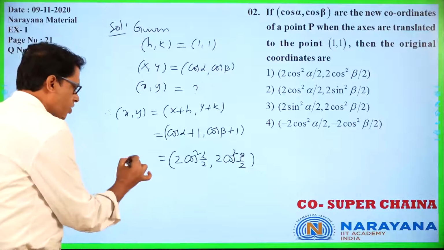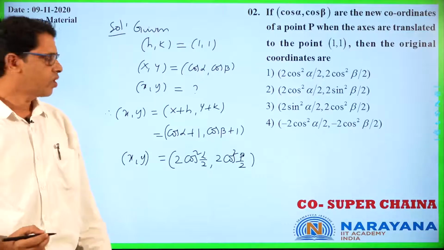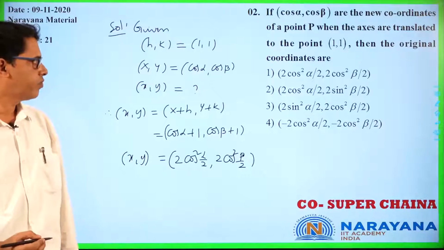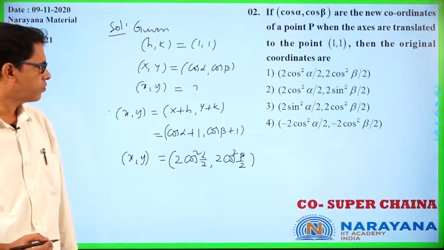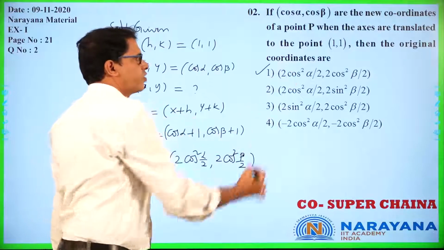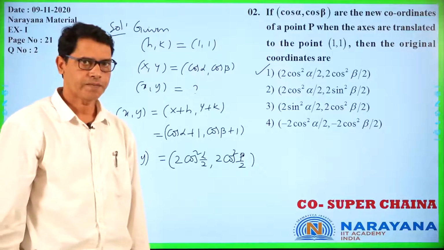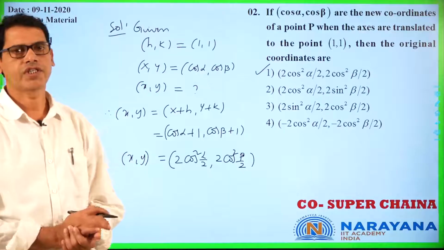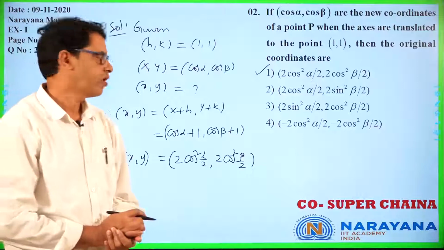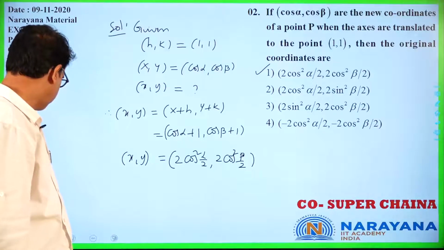Means original coordinates are 2 cos square of alpha by 2, comma 2 cos square of beta by 2. Option 1. Okay. Again, simple one, just application of the formula.